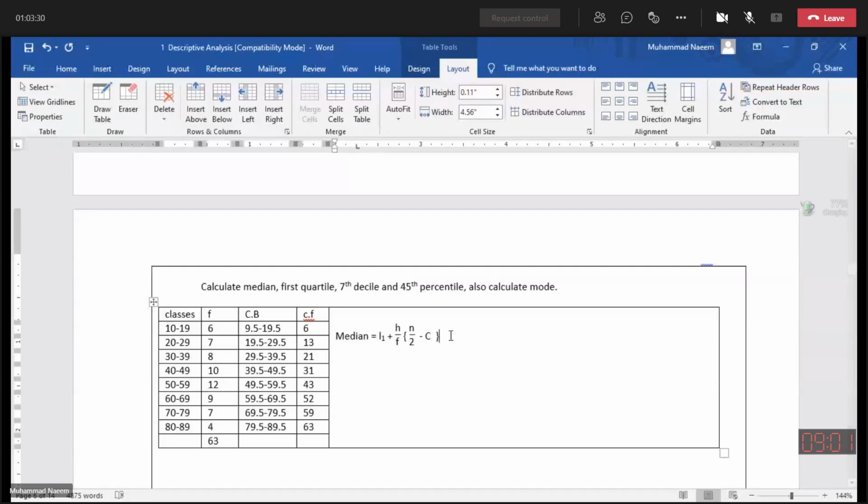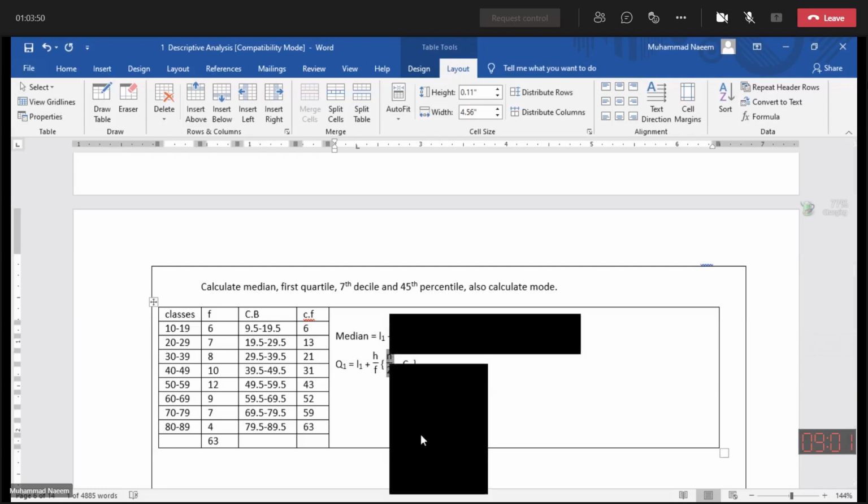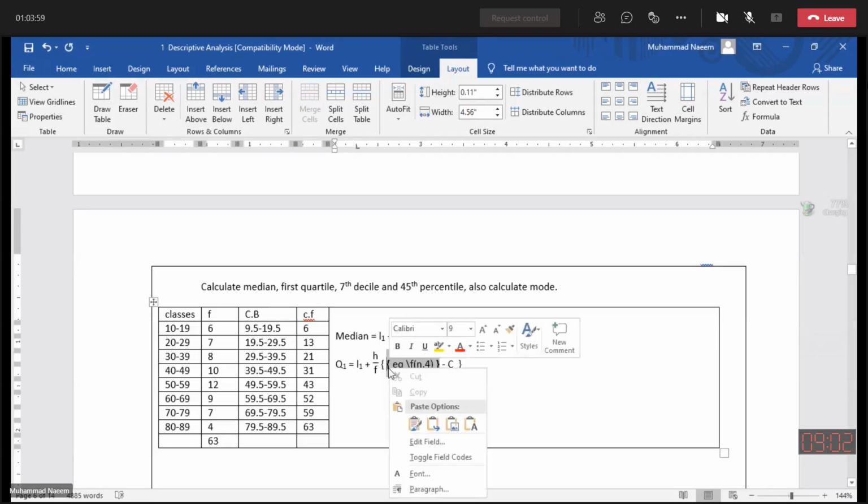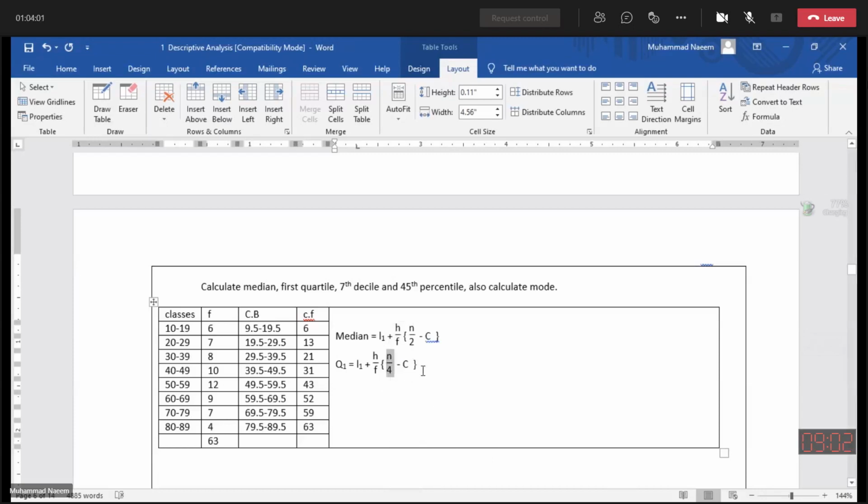And also we need Q1. So the formula for Q1 is almost the same. We will have n by 4 here. Rest of the formula is the same.